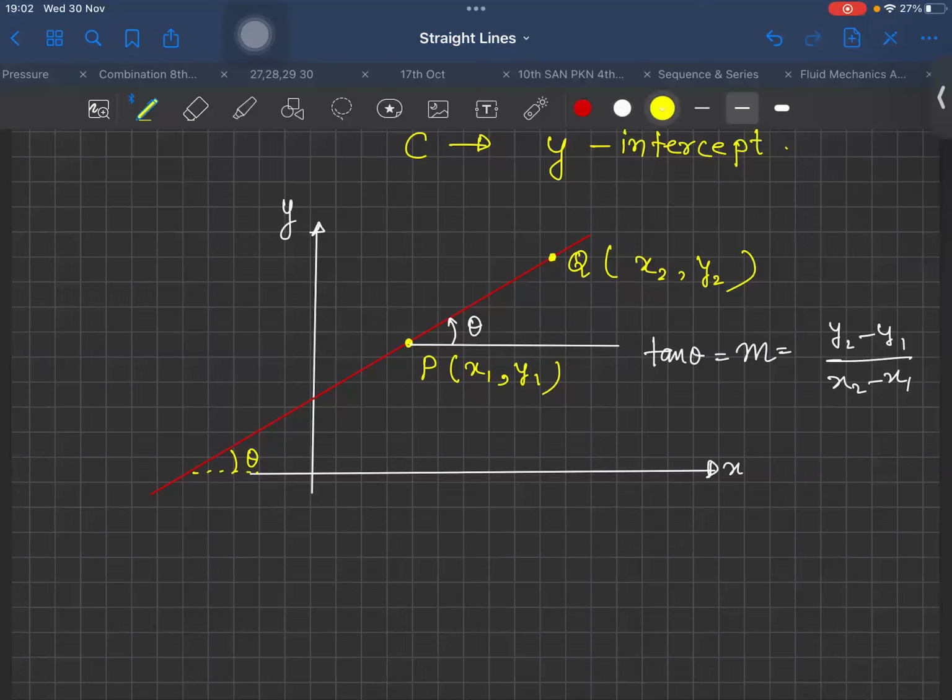Now, it doesn't matter if the line is like this. Again, you will use the same. Let's say some point here is A, x3, y3. And some point here, B, x4, y4. Obviously this you will get positive. But let's say this angle is alpha. If you find tan alpha, that will be the slope of line AB.